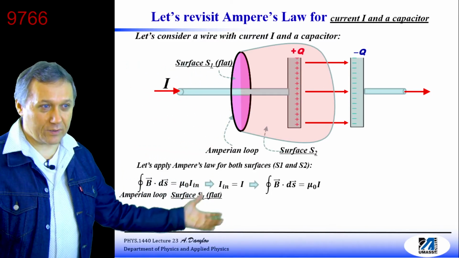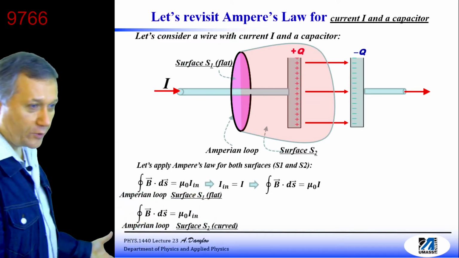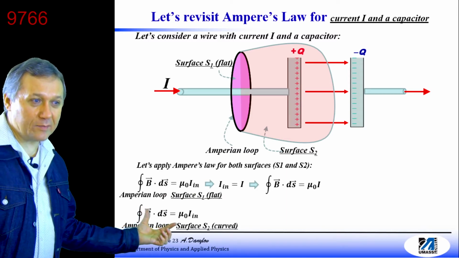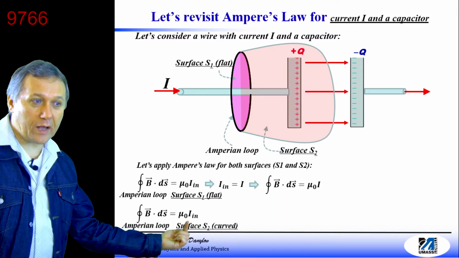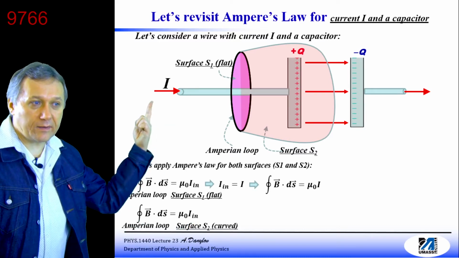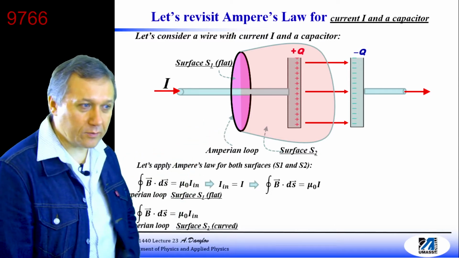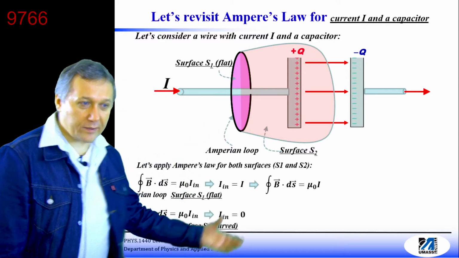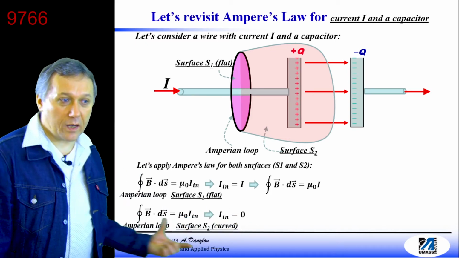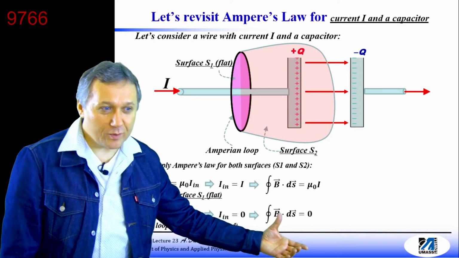As a result, if you apply Ampere's law for the surface S2, the left-hand side will be the same, but on the right-hand side, I enclosed is 0, because physically this current I doesn't cross surface S2. So integral of B dot ds equals 0.